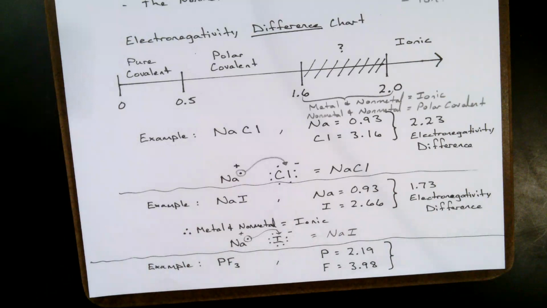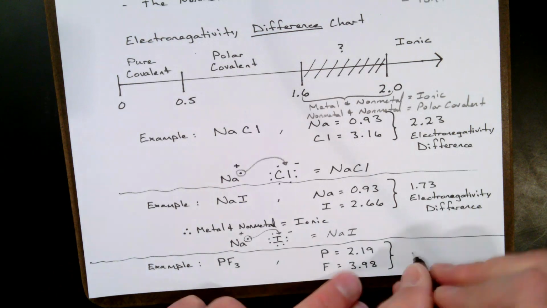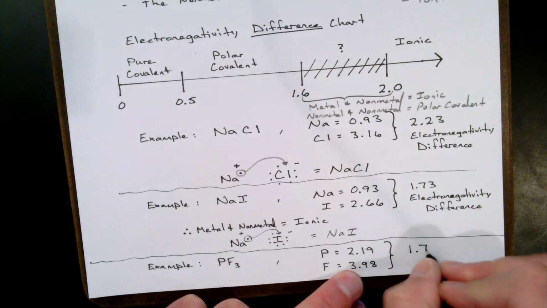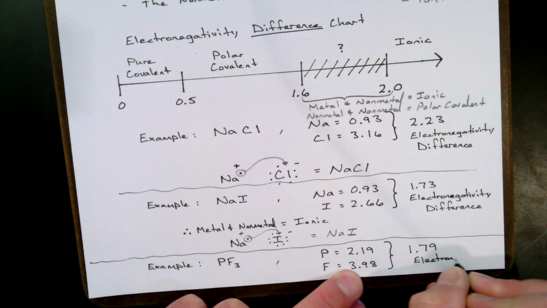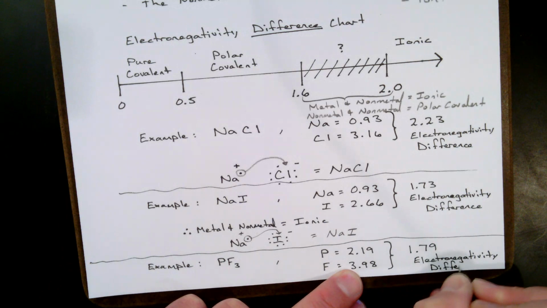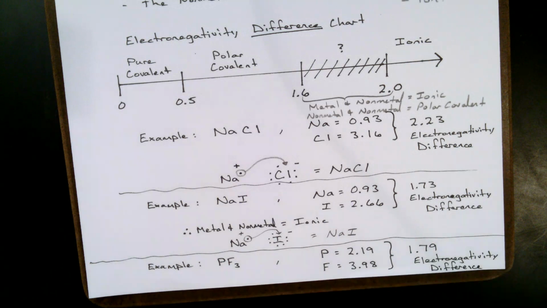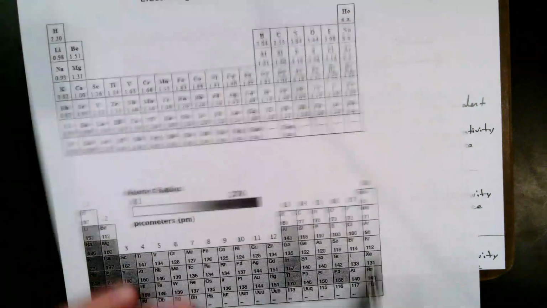So the difference between the 3.98 and the 2.19 comes out to be 1.79, an electronegativity difference of 1.79. But here's the difference.